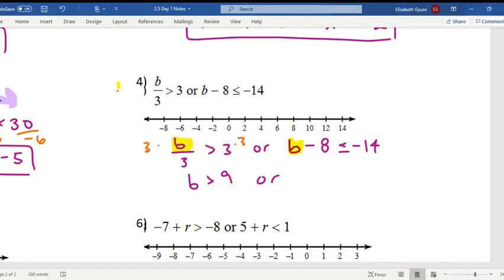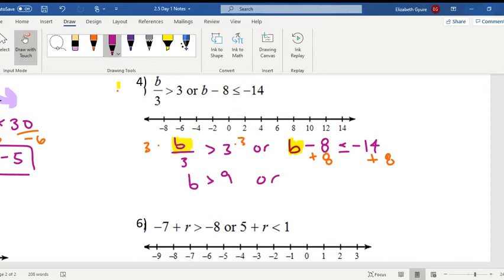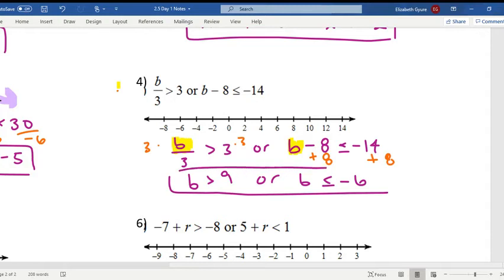Yes, Peyton, that is correct. We would add. We do not need to swap our symbols since it's not multiplication or division. So we'll have b is greater than or equal to, and negative 14 plus 8 is negative 6. Sorry that b's and 6's look so similar.